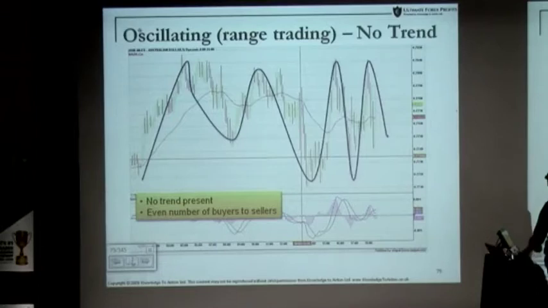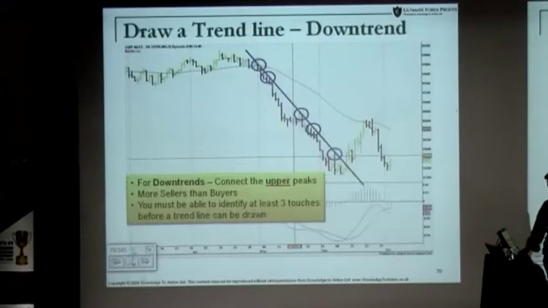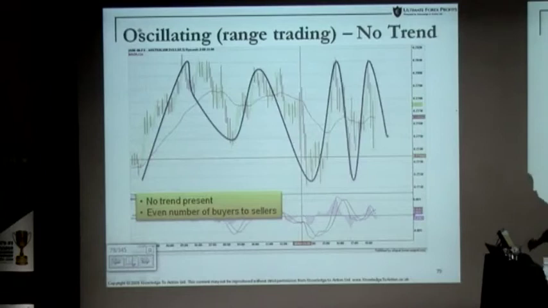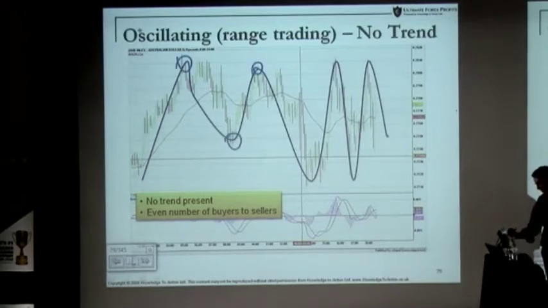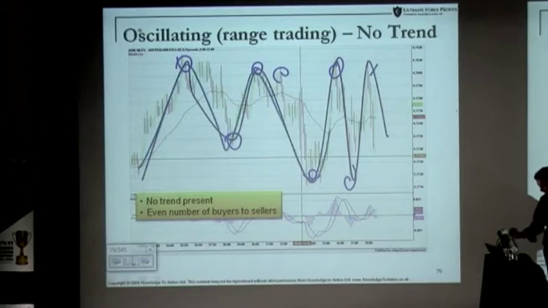Notice in this diagram here that there is no trend. It's just an oscillation. I would say to people, what have we got here, an uptrend or a downtrend? People say, oh, I don't know, I think it's probably a bit of an uptrend. But what you've got to do is ring the peaks and the troughs, okay? Then connect them up. What have we got here? Nothing.